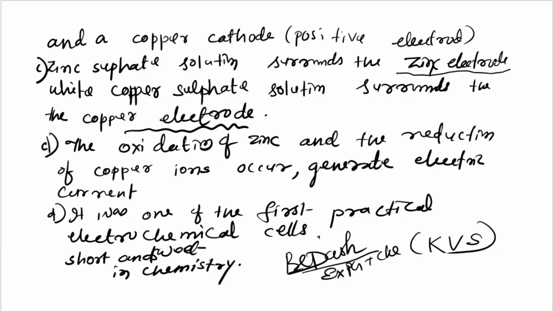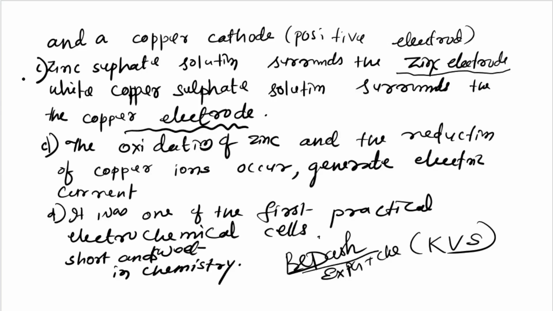The oxidation of zinc and reduction of copper ion occur and generate electricity. Oxidation takes place at the zinc anode, and reduction takes place at the copper cathode, that is copper in copper sulfate solution.